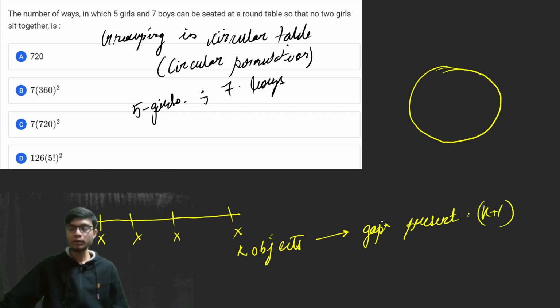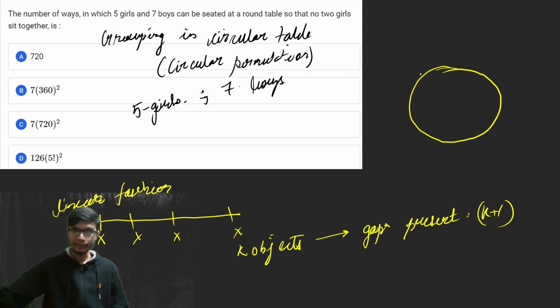But in a circular table, when k objects are arranged, the total number of gaps is equal to the number of objects, that is k. So in place of a linear arrangement, if the arrangement is done in a circular manner, the total number of gaps is equal to the number of objects.